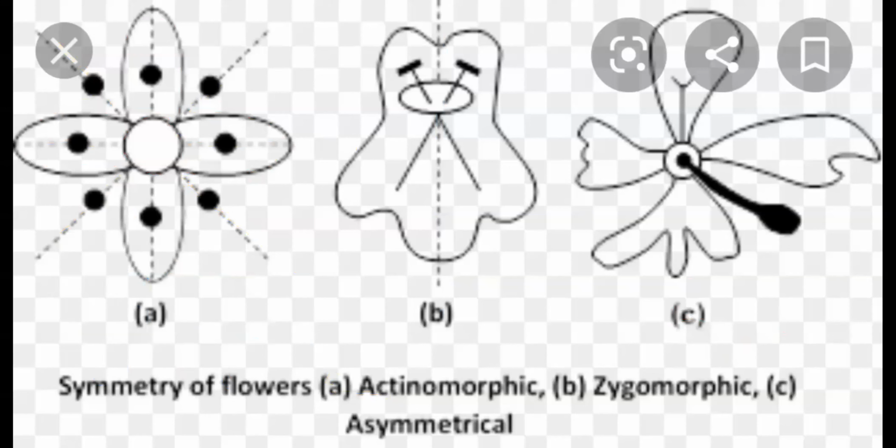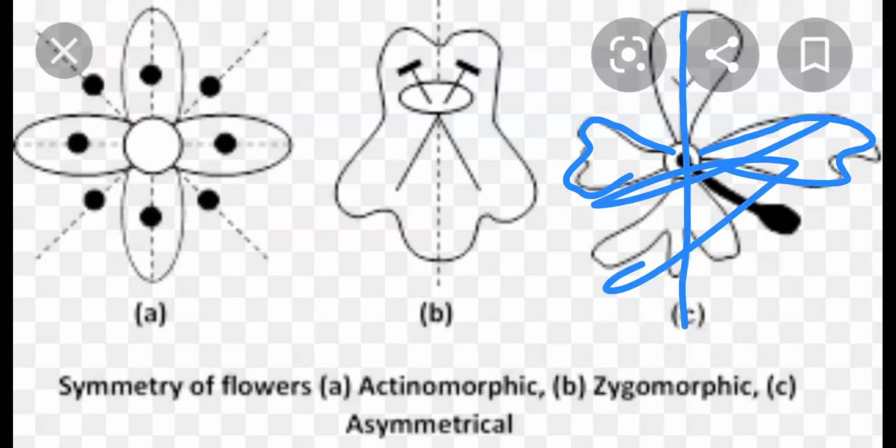So here we are talking about flowers. Some flowers we cannot divide into two equal halves. Just imagine, if I cut in this way, then on one side this type of petal, on the other side this type of petal is there.